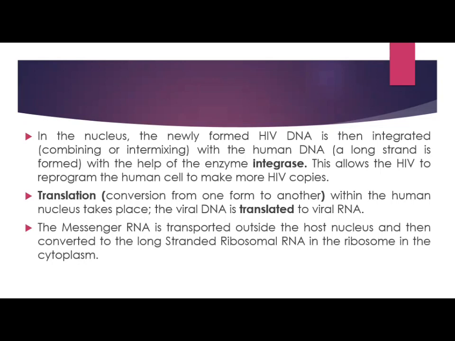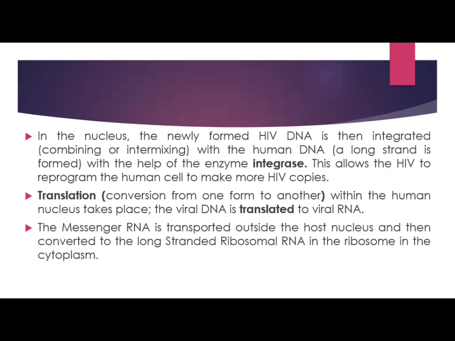So once this HIV double-stranded DNA enters the nucleus, it will fuse in and integrate with the human DNA and form one long strand. So the HIV DNA will now join with the human DNA, forming one DNA with the help of integrase enzyme. This allows the HIV to reprogram the human cell to make more HIV copies.